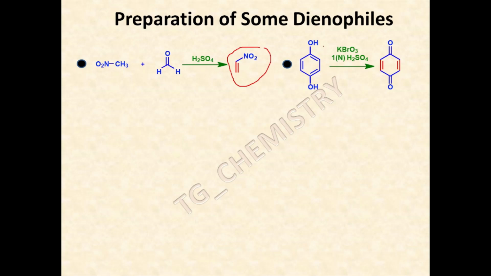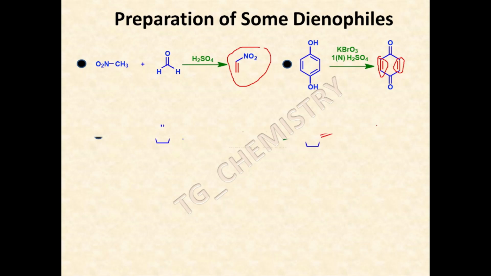And also from this 1,4-dihydroxybenzene, by means of KBrO3 in presence of acidic media, it can form a dienophile system in either way. I mean, this one can react as the dienophile, or this one. Both of them are eligible for reacting in the Diels-Alder reaction as dienophiles, and they can react with two dienes on either side. Okay, so this is another example.